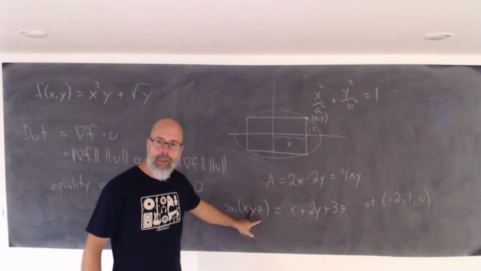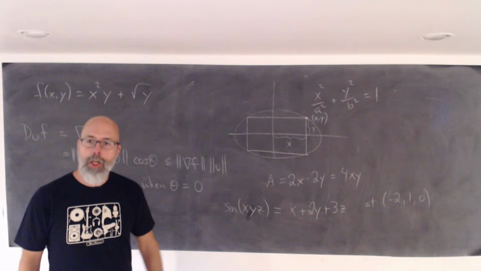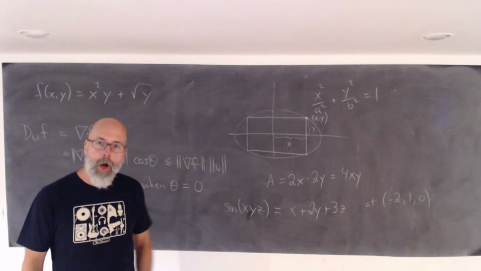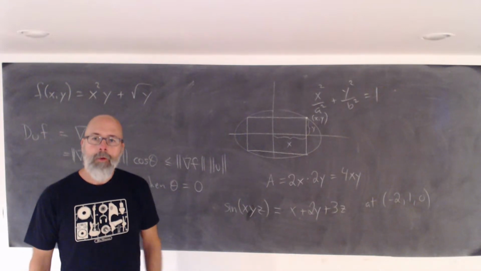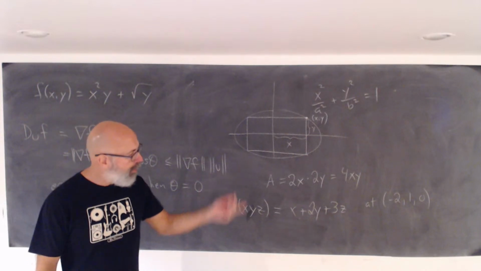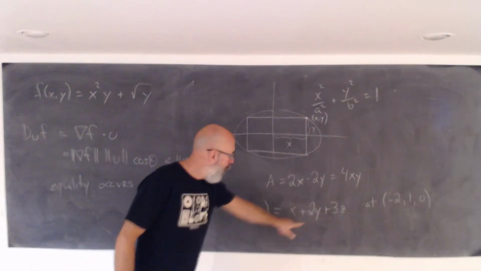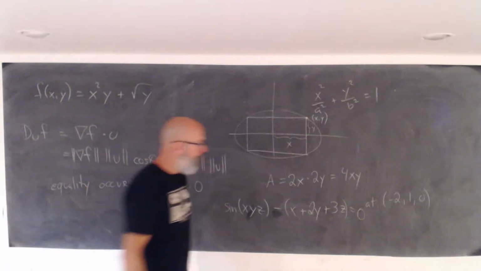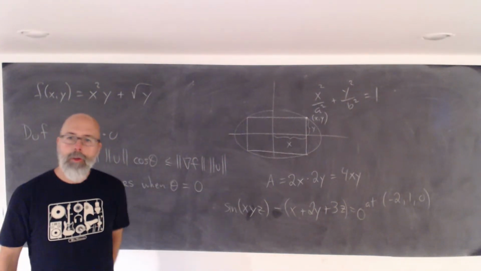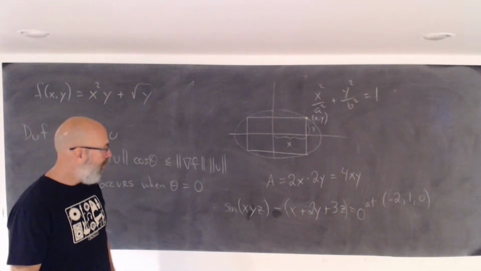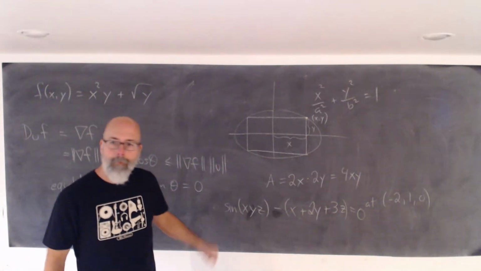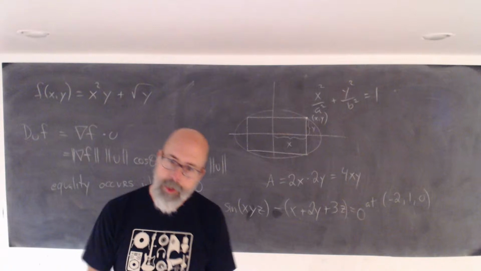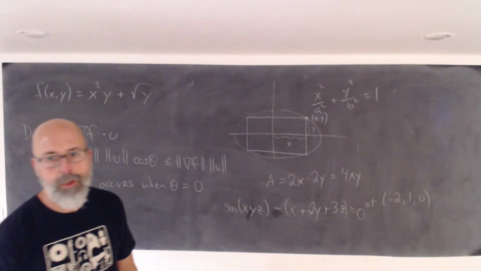You can find dz/dx using implicit differentiation, and dz/dy, and then use the normal (-dz/dx, -dz/dy, 1). Or if you bring this to the other side, then what you have is a level surface. So you can take the gradient of this, and the gradient is normal to the level surface. Both methods give you the same answer, as you would expect.